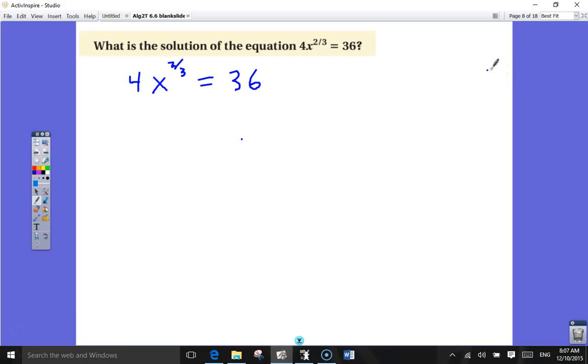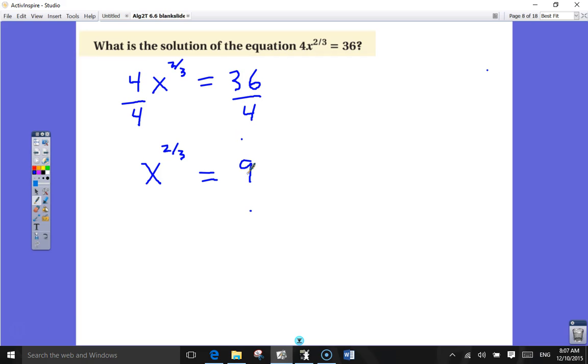X to the 2/3, right? What is it that's with x to the 2/3 that I need to move? The 4. So I divide by 4, divide by 4. Okay, now I've got x to the 2/3 equals 9.